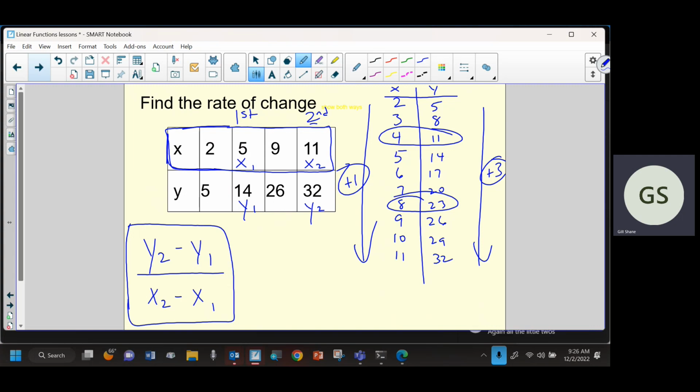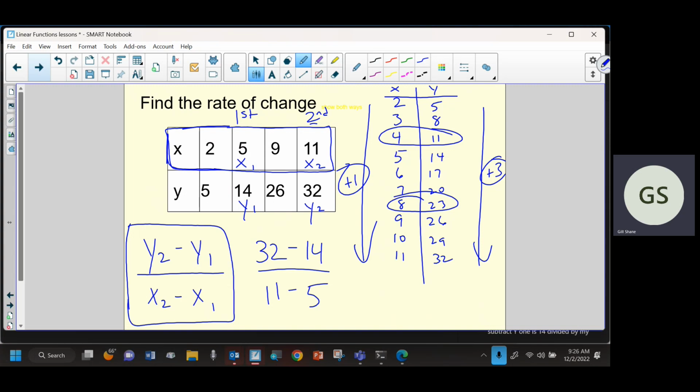Now you just plug them into the equation. I would write the equation every single time. It helps you remember it. So my y2 value is 32, just pulling it straight from what I just labeled. Subtract y1 is 14, divided by my x2 is 11, just pulling it straight from where I labeled it in the table.